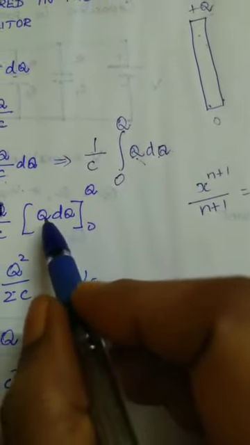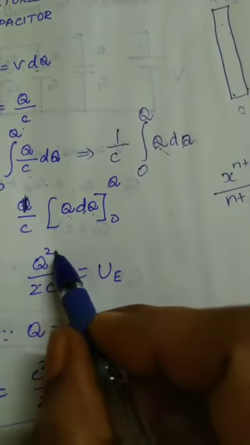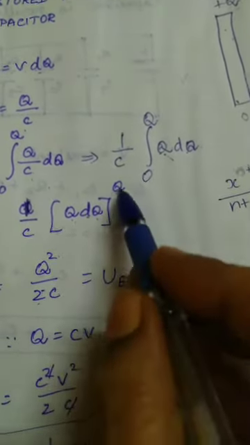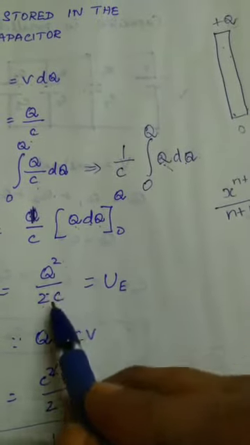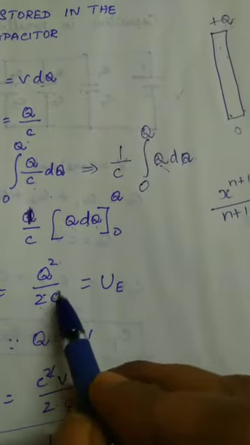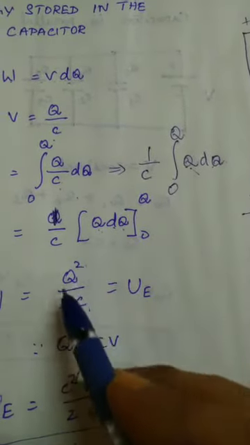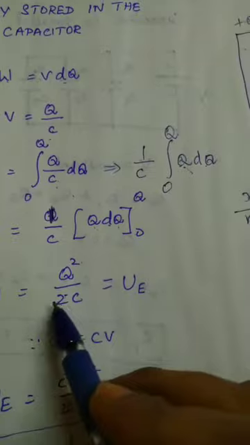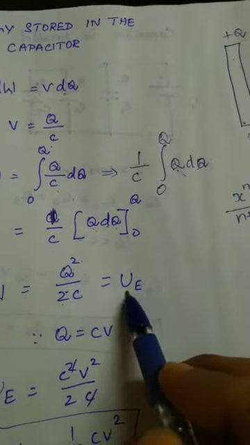Then for q dq, we get q square by 2c, because substituting upper limit minus lower limit, the upper limit is q square by 2 minus the lower limit, which is 0. So q square by 2c is the potential energy UE, right?